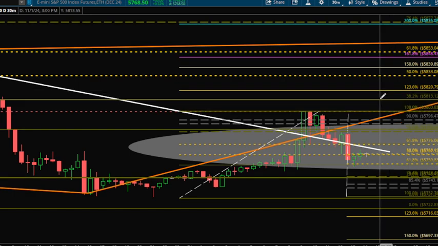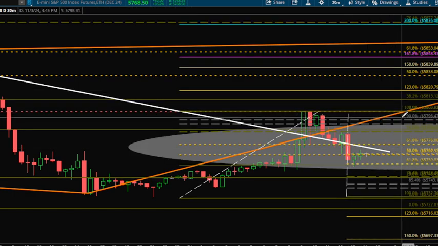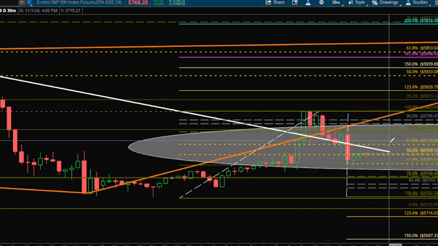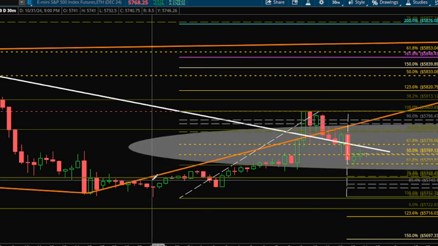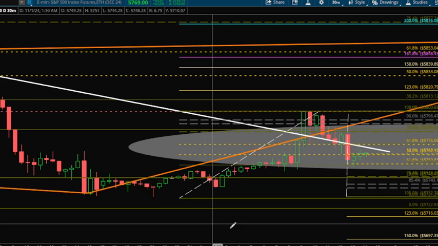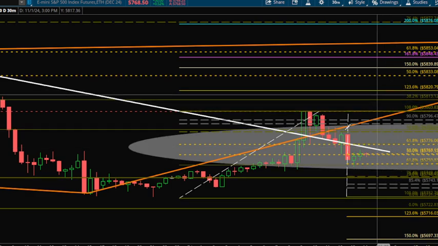So 58.20, I'd be out. You know, that's just playing it safe. If this is the only position you have, you don't want to be all in on something and then it go the wrong way over the weekend. Open it up on Sunday. So it just depends on your strategy.